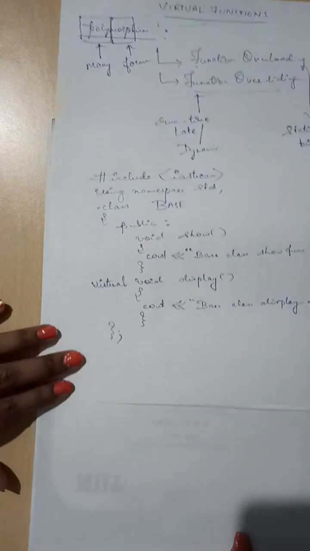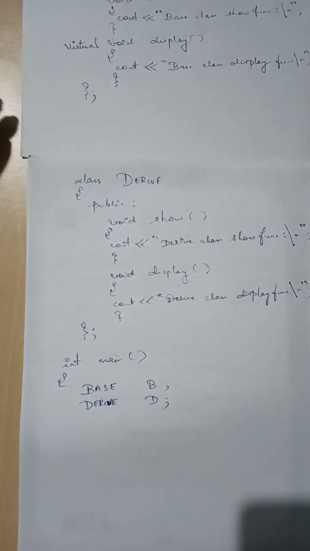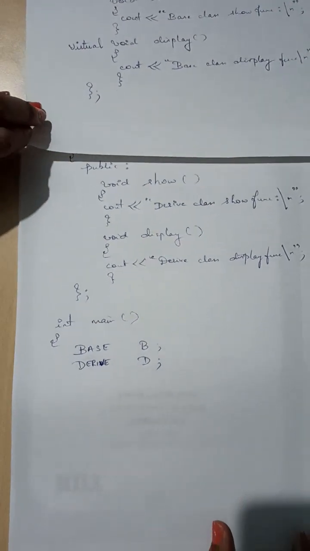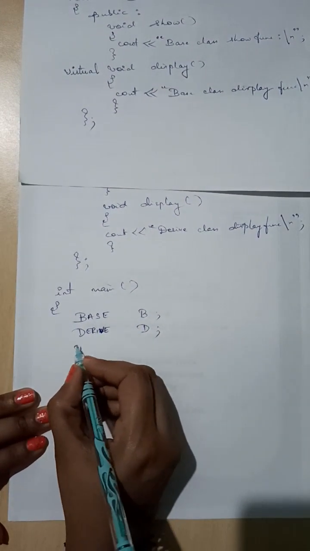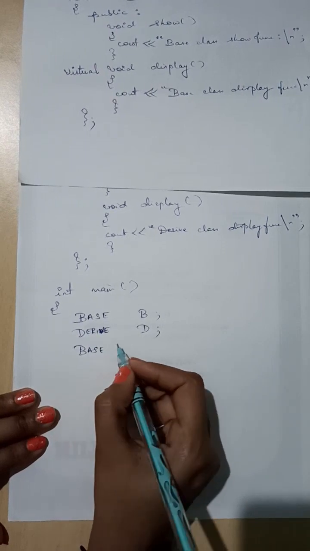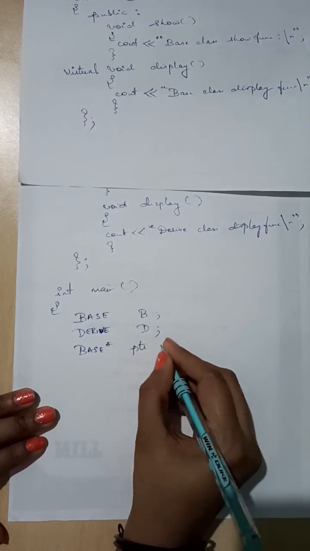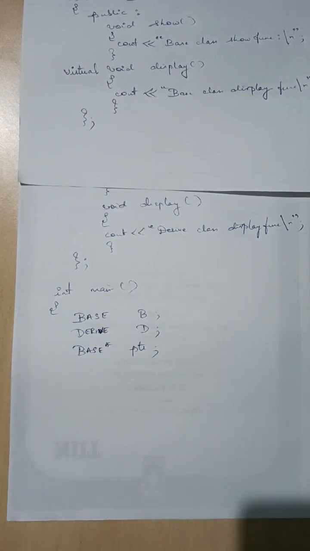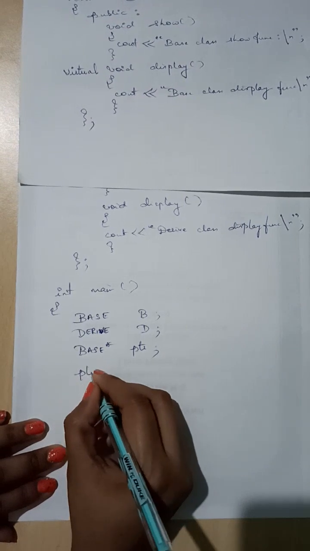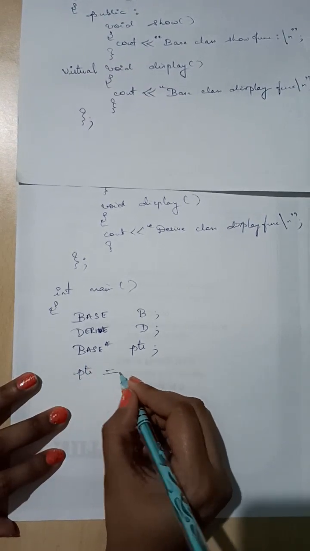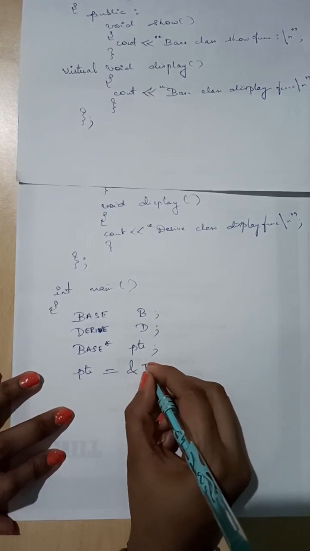Okay, so now whenever we want to override, we have to use the base class pointer. So for a base class, I will declare a pointer. So now with the help of this pointer, let's say it is containing the address of base class.